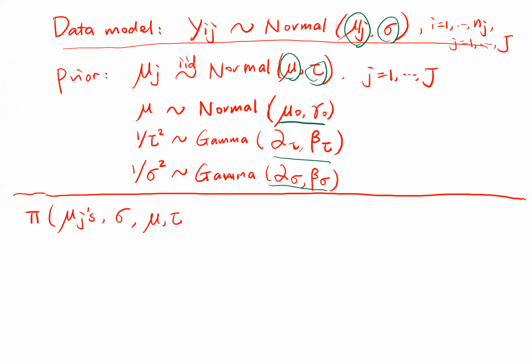Everything else is supposed to be given. So you have all of the Yij, and mu 0, gamma 0, alpha tau, beta tau, alpha sigma, beta sigma.